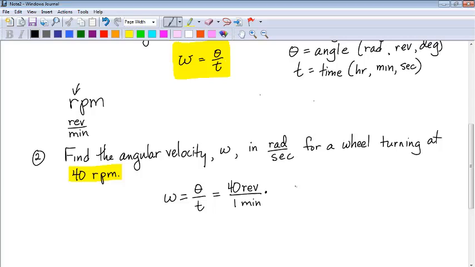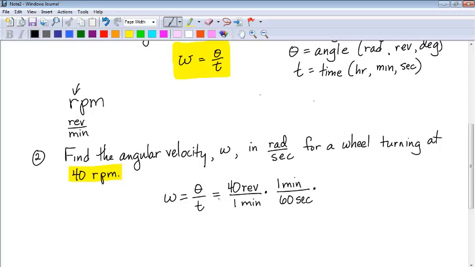Now, to convert it, you've got to have things divide out. You want the minutes to divide out and go to seconds. So to get those minutes to divide out, you put it up on top in the numerator, and it's got to be equivalent: 1 minute is how many seconds? 60, so put that in the denominator.